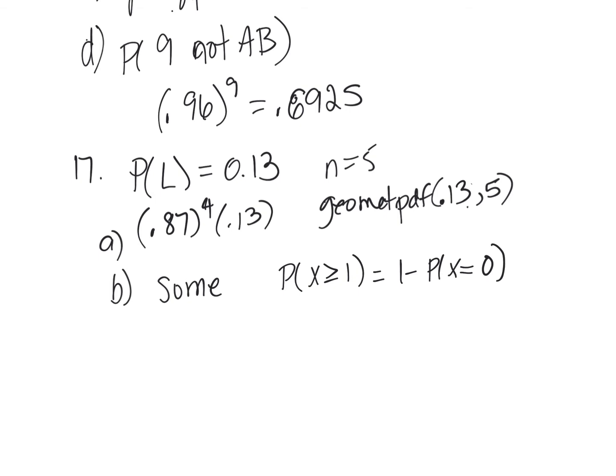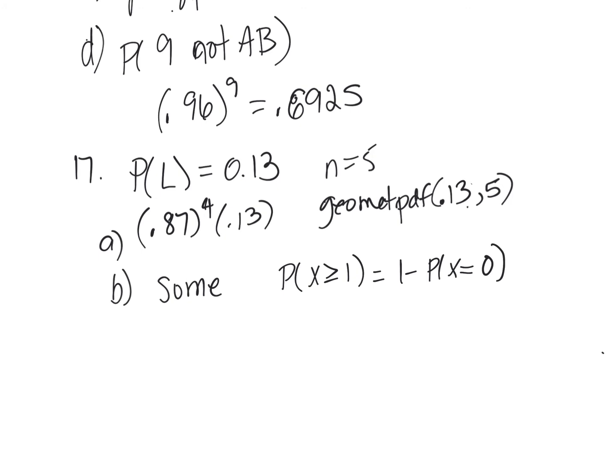Or is some defined as 2 or more? I'm not sure. So this is binomial, but for the calculation, there's only one way to get 0 out of 5. So that 5 choose 0 that I would use in the binomial calculation is just 1.